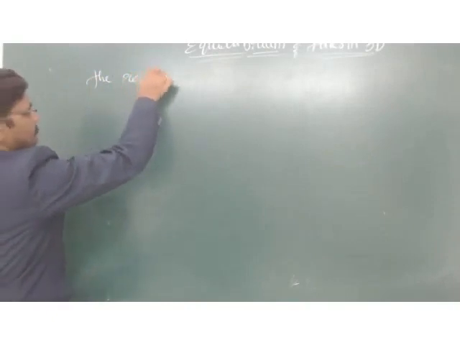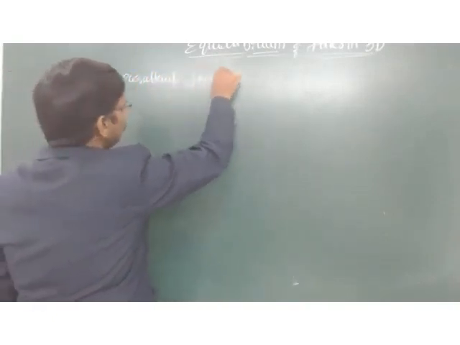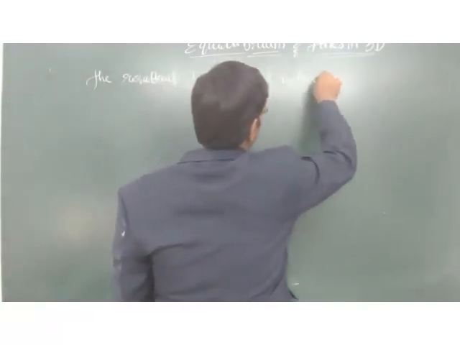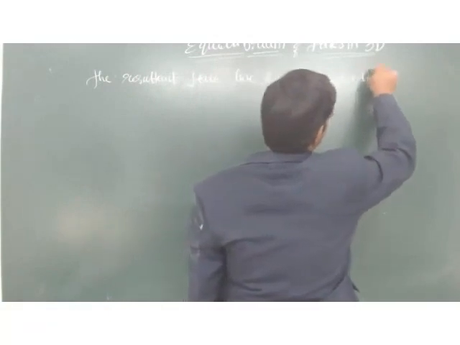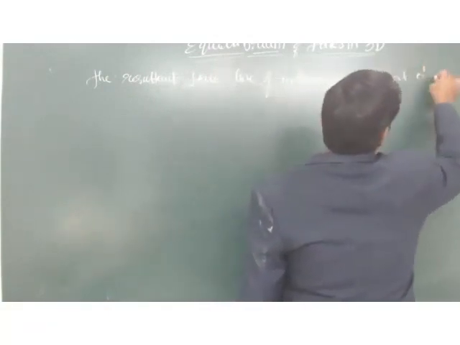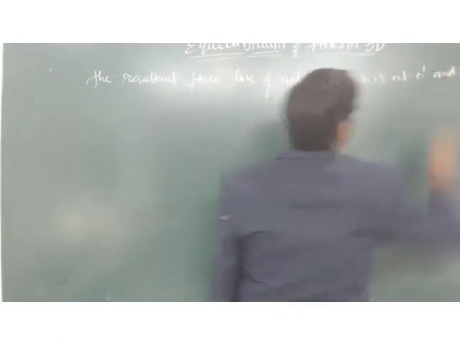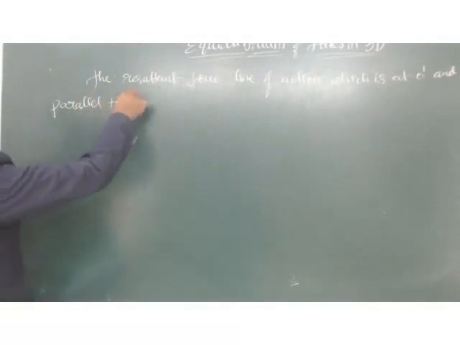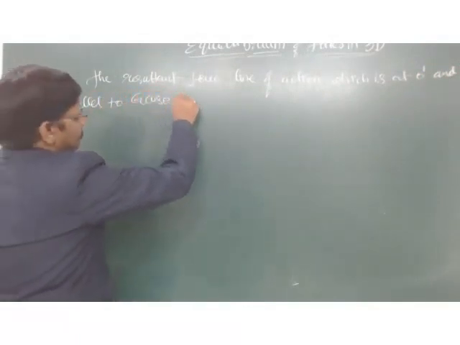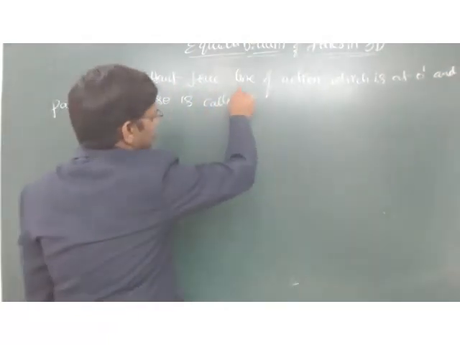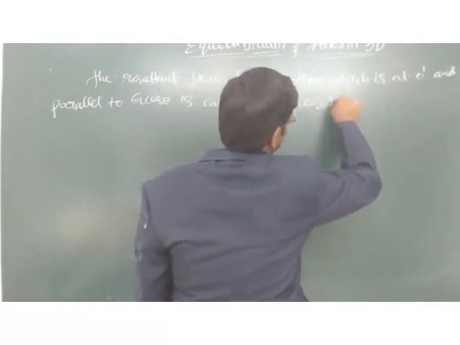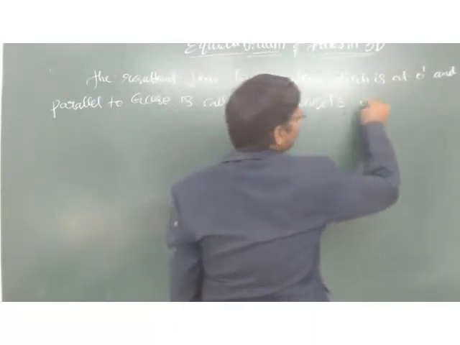So the resultant force line of action, which is at O dash and parallel to G cos theta, is called Poinsot's central axis.